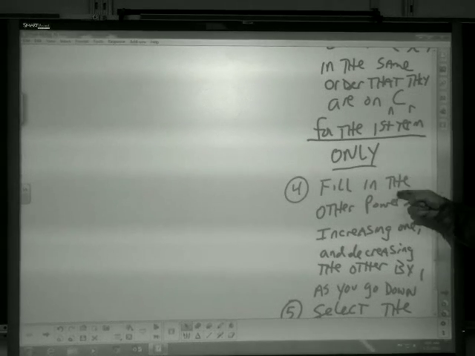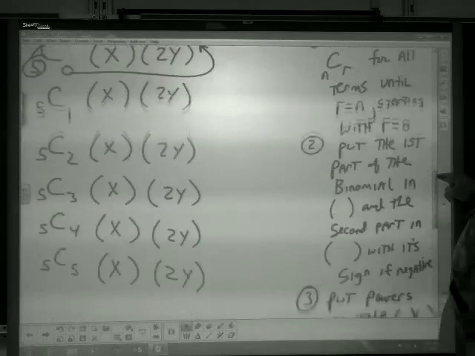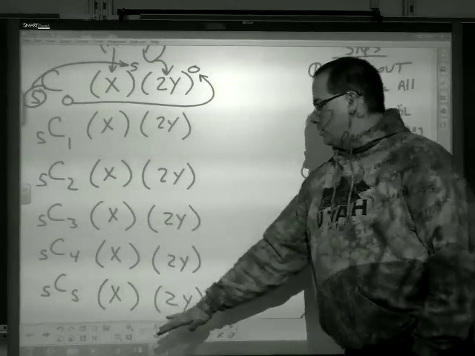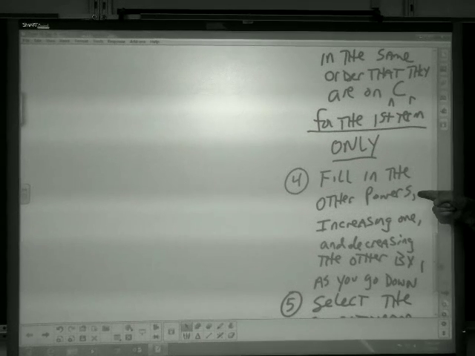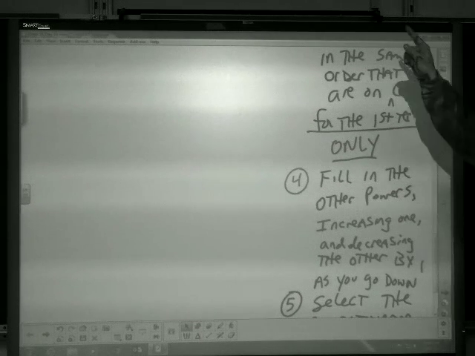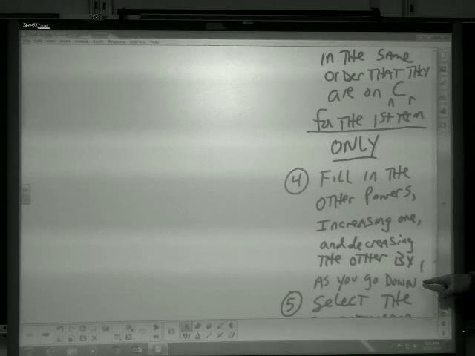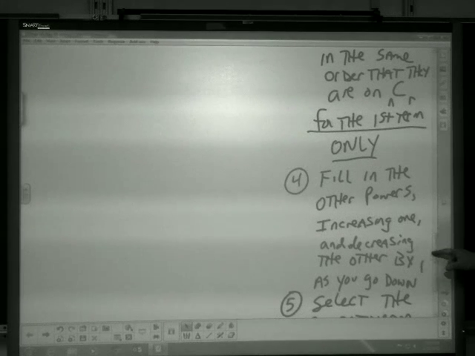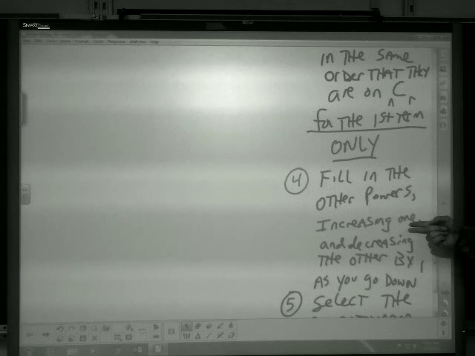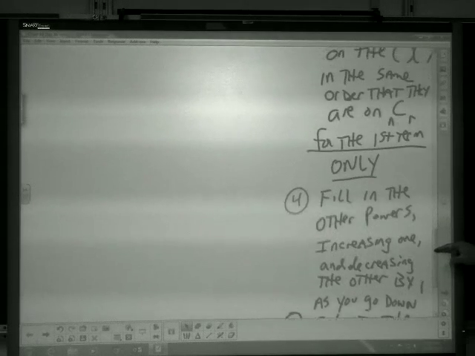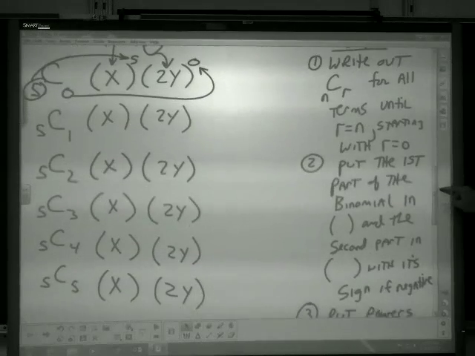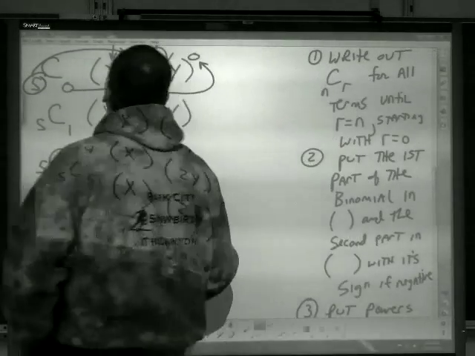Fill in the other powers. So now I'm going to go back and fill in these other powers. Fill in the other powers, increasing one of them and decreasing the other by 1 as you go down. One of them is going to be going up by 1 as we go. The other is going down by 1 as we go. So this starts out at 5.